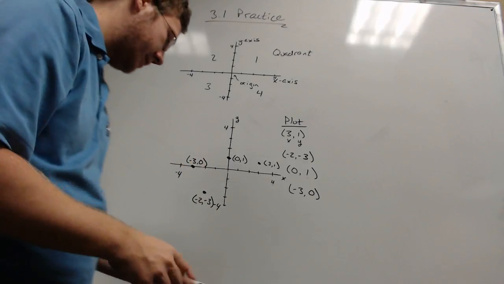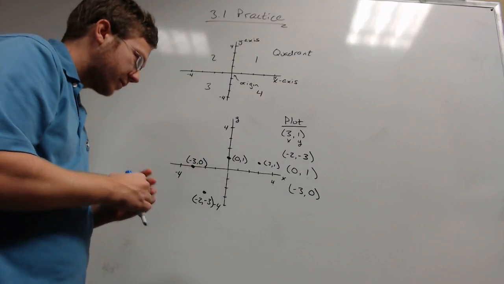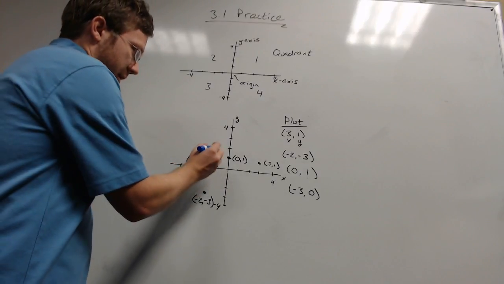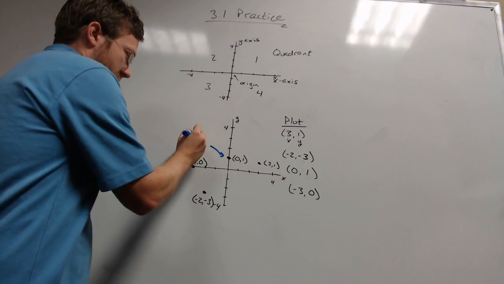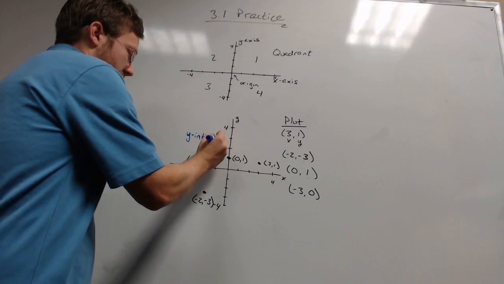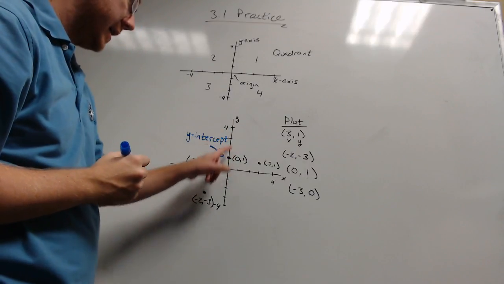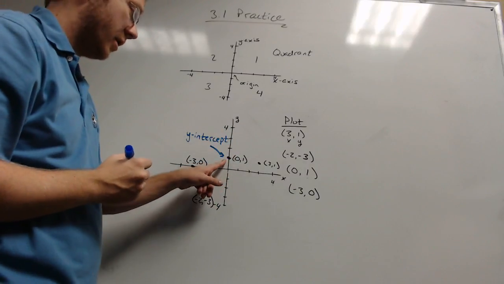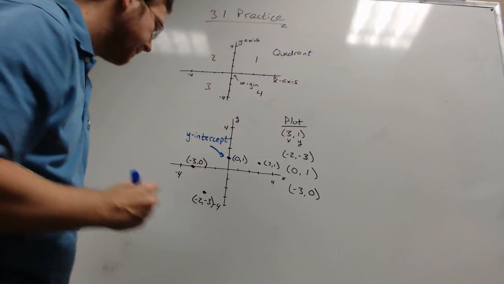I believe I mentioned something about these 2 types of points in the last video. This point is the y-intercept. It's on the y-axis, and it'll always have an x-coordinate of 0 because it's only going to be traveling up or down.